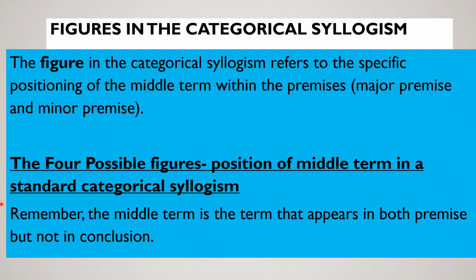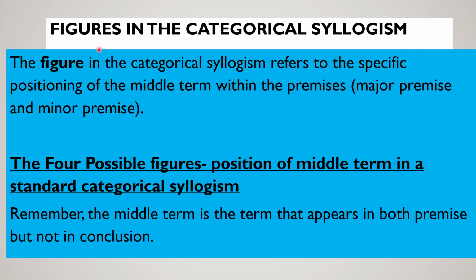All you are supposed to remember is that the middle term is the term that appears in both premises but does not appear in the conclusion. So we cannot look for a middle term in the conclusion, but we look at where the middle term is, and then we can know which figure that argument takes.